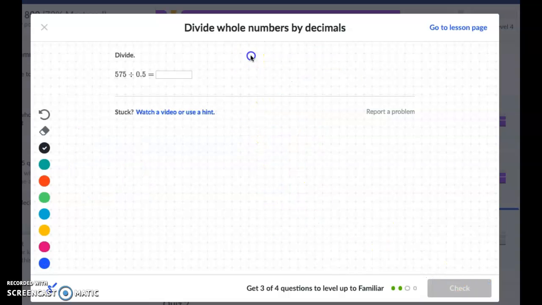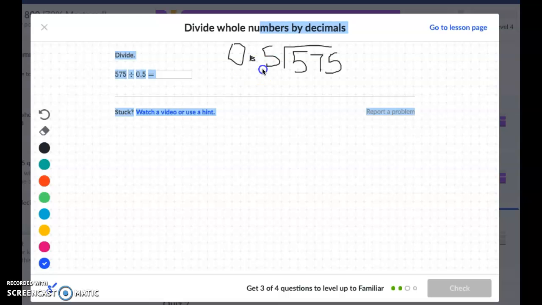Okay, so here, decimal 0.5 fits into 575. So now let's think. I don't know how to do this problem when I have a decimal on the outside. So I need to get rid of that decimal on the outside. So to do that, I'm going to multiply this number right here by 10 because that will shift my decimal over for me.